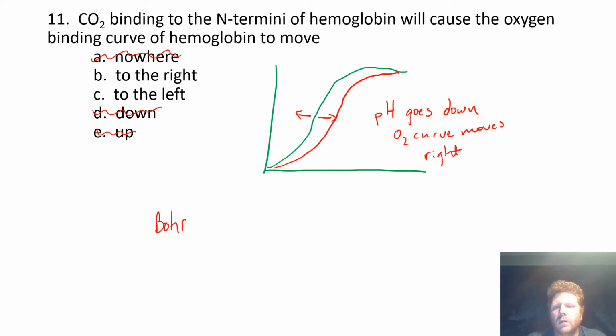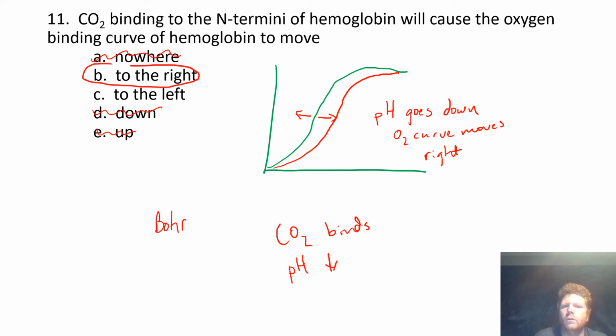Okay. Now, when CO2 binds, then pH goes down. So hydrogen ion concentration goes up. When the pH goes down and it gets more acidic, what we're going to see is this oxygen binding curve move to the right. Okay.